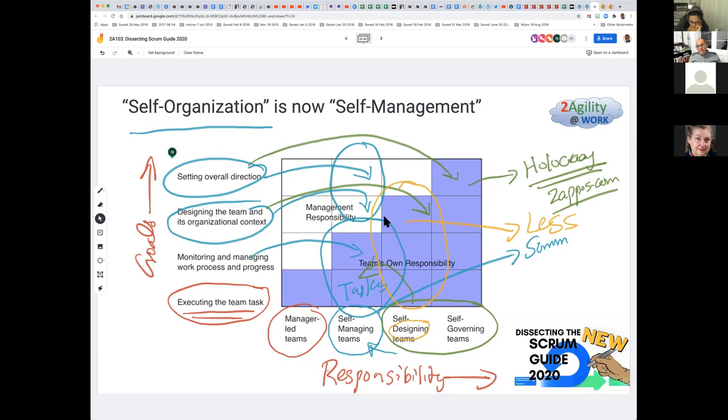And you're not really letting go of control, because you still have the boundary control of setting the overall direction. And you also have control through the heuristics of checking back. You're always checking in. It's not a free lunch, or a free ride. So you're always checking whether the work is progressing well and whether they're shipping out to the market to get validation. So it's always a system of checks and balances.